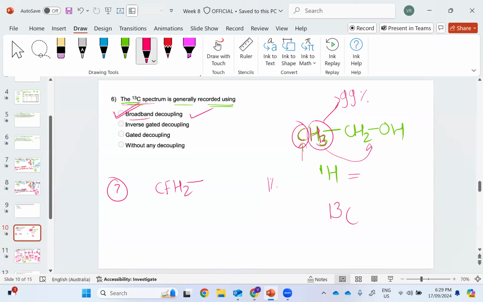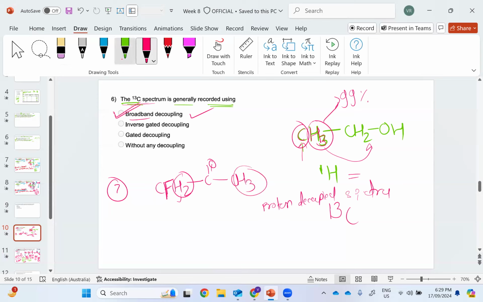But let's look at one example: CFH2, any kind of CH3, right? Let's take this example. So here there is one fluorine. Now when you are taking the proton decoupled spectra, what will happen? This carbon will not show splitting due to this CH2, or any splitting due to this CH3 as well.